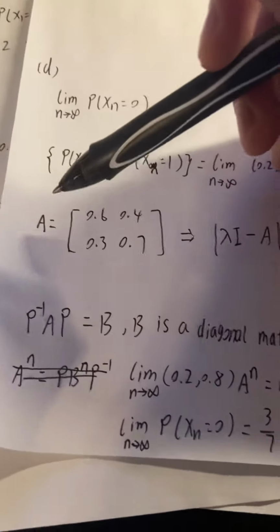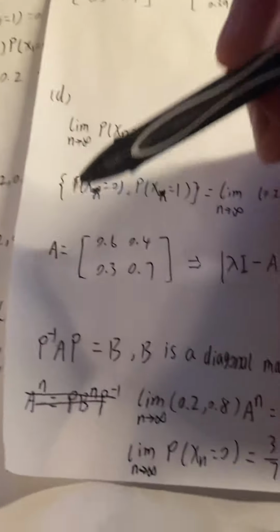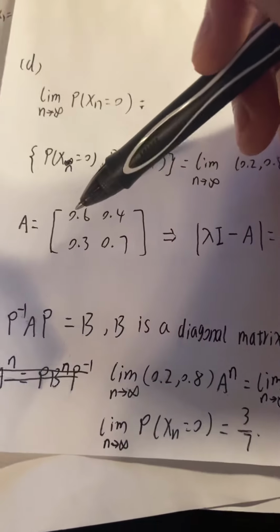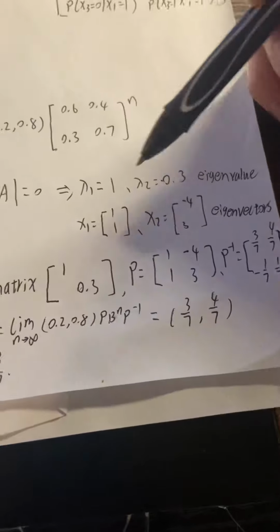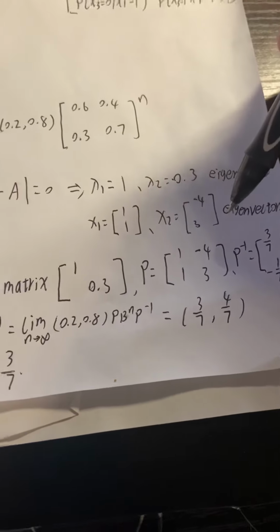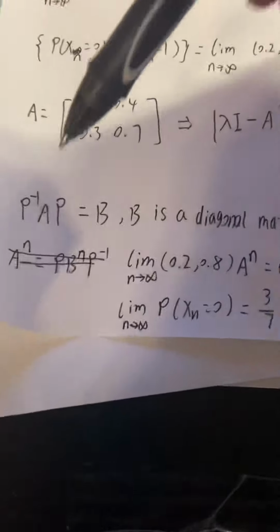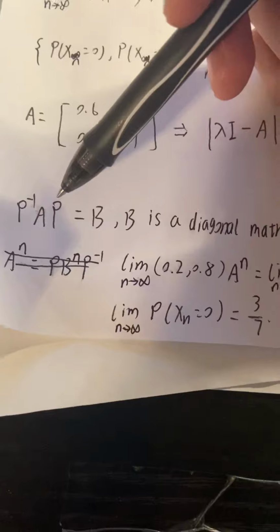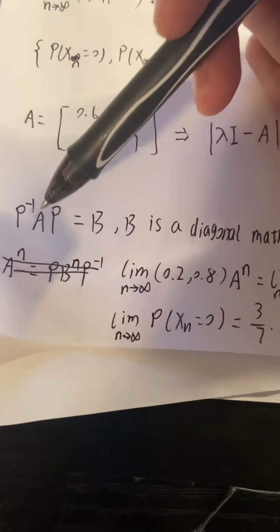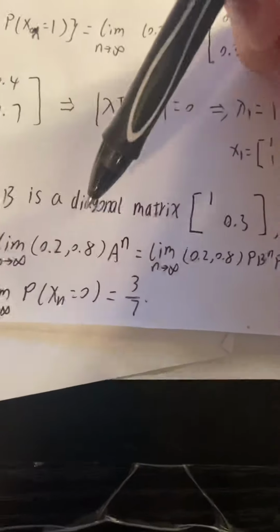So let's say the matrix is A, and we can find the eigenvalues and eigenvectors for this matrix A, and then we can find an invertible matrix P, and let P inverse times A times P equals B, and B is a diagonal matrix.